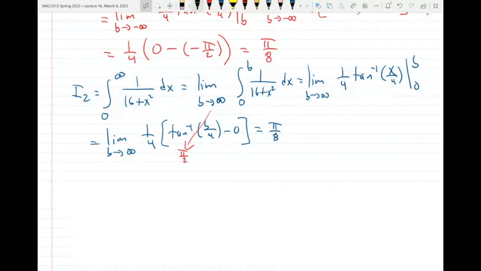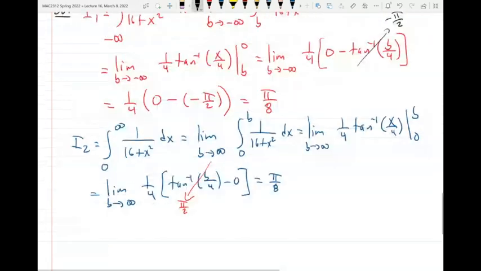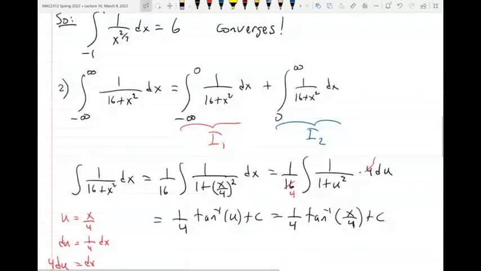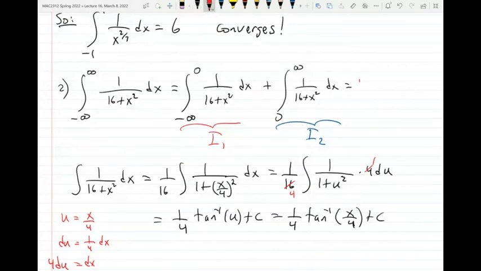And so our integral is gonna equal pi over 8 plus pi over 8, which is then pi over 4. Okay?